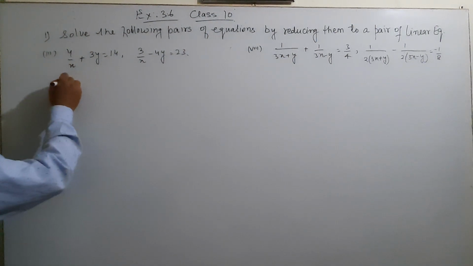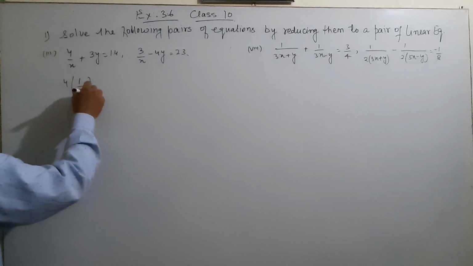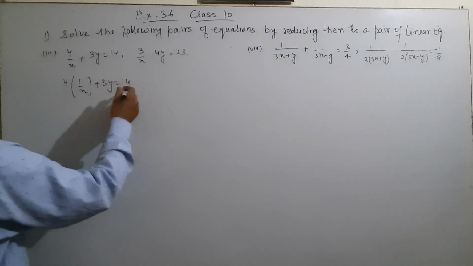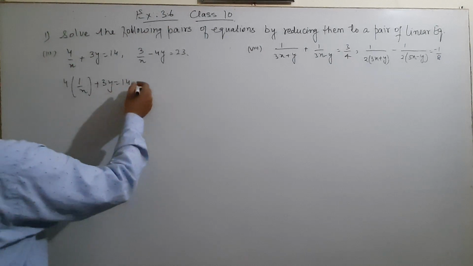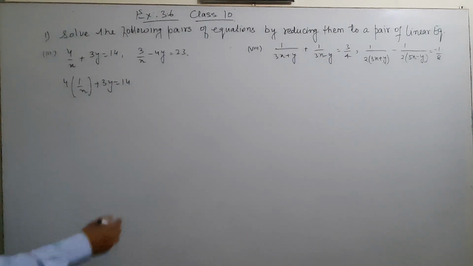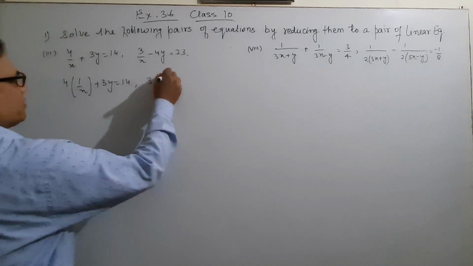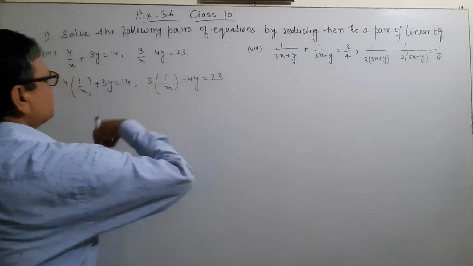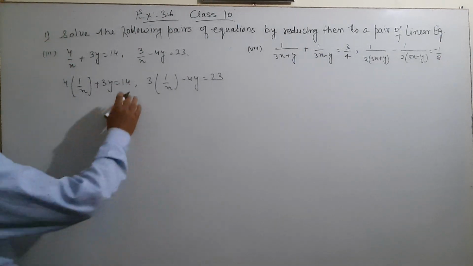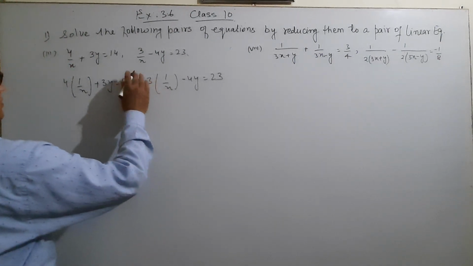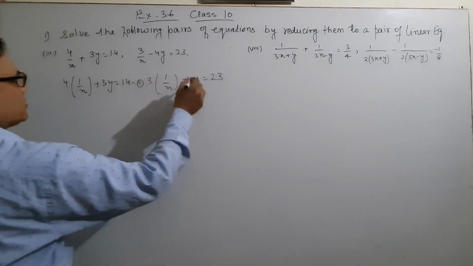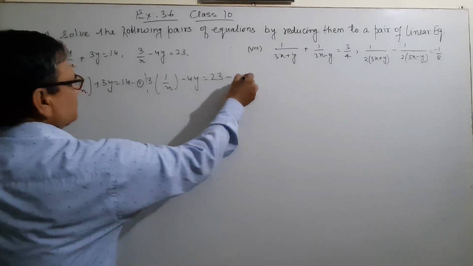here is 4 bracket 1 by x plus 3y is equal to 14. This is the first equation. And second, 3 bracket 1 by x minus 4y is equal to 23. This is the first equation, and this is the second equation.